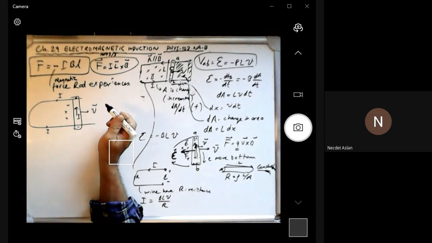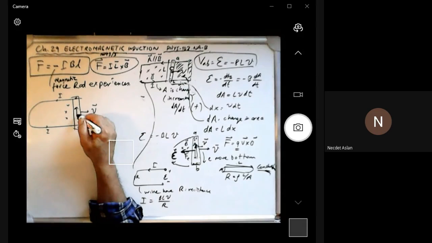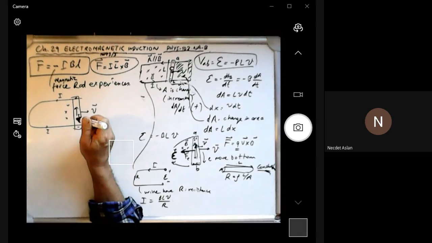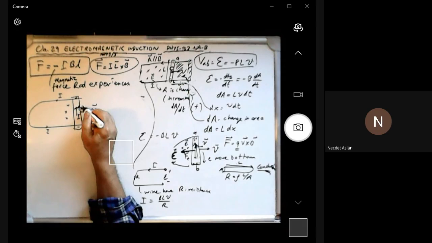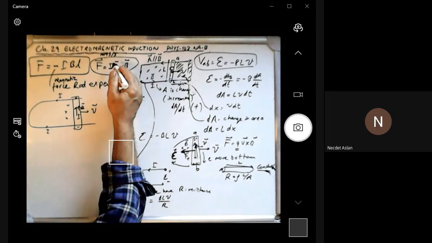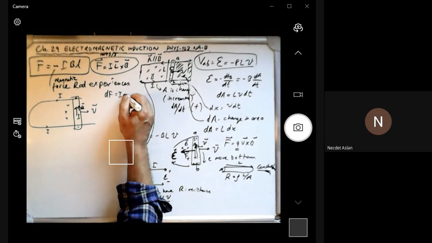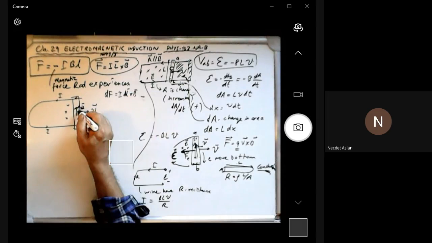If the current is this way and the magnetic field is downward, then L, or dL, a small distance, is this way. This can be written as dF equals I dL cross B, if you consider only one little segment.